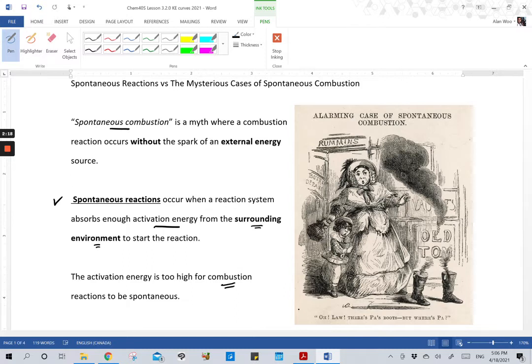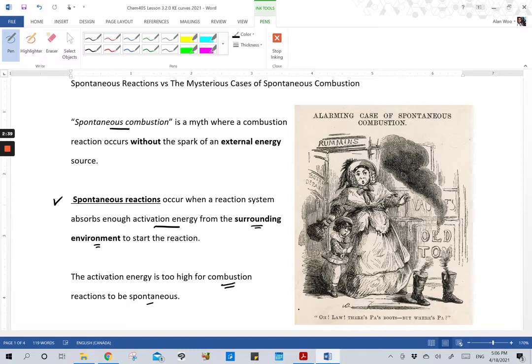Those chemical reactants cannot absorb enough energy from the environment to combust spontaneously. So spontaneous combustions are basically a myth. There must be some kind of external source of energy that causes the reaction to happen.